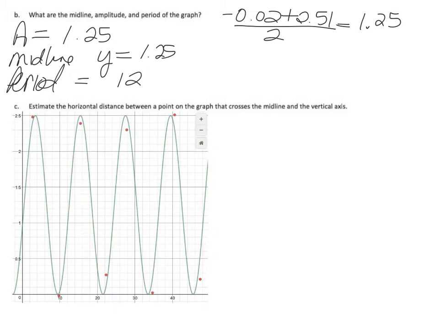Okay, if I draw the midline in, that's y equals 1.25. It's hard to draw a perfectly straight line. And if you look right here, that's our shift. So this is actually a sine function, but we're shifting just a little bit.